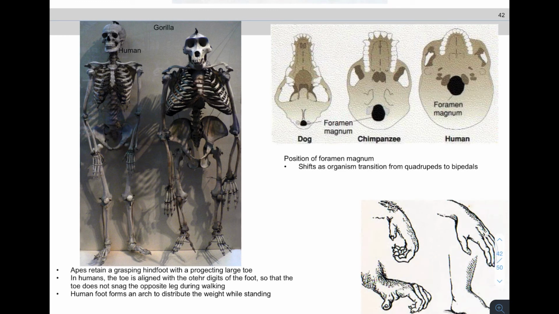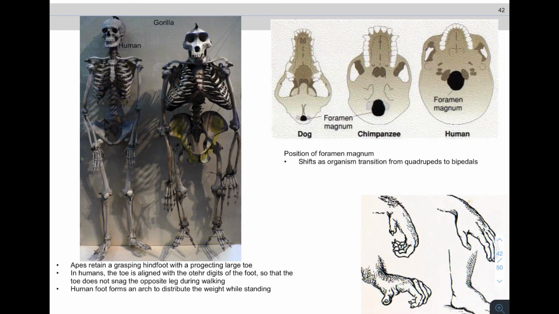We do see a much larger pelvis in these other primates and apes, and we need to lighten this skeleton, especially if we're going to be standing on these two legs, we need to lighten it. And so what we see is this much more reduced pelvis. We see that the femurs do have that V shape in the humans.